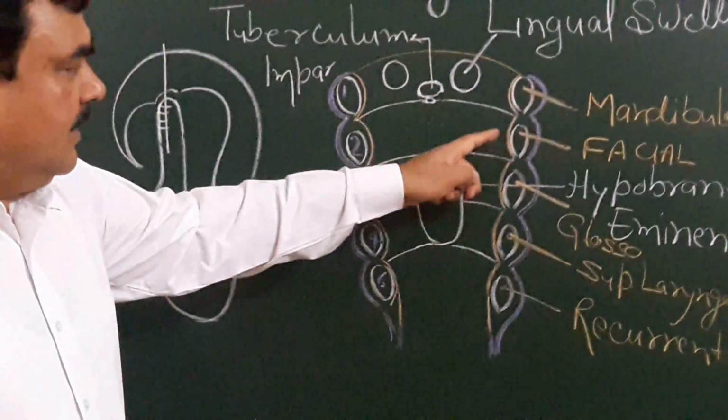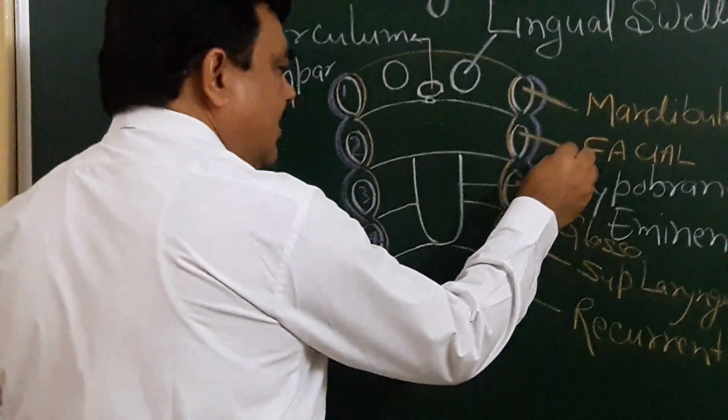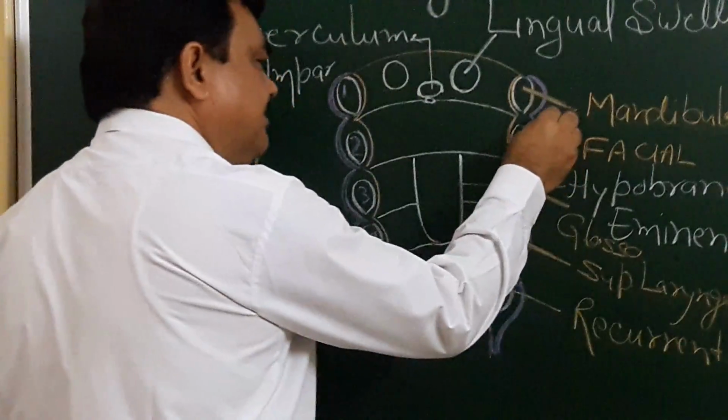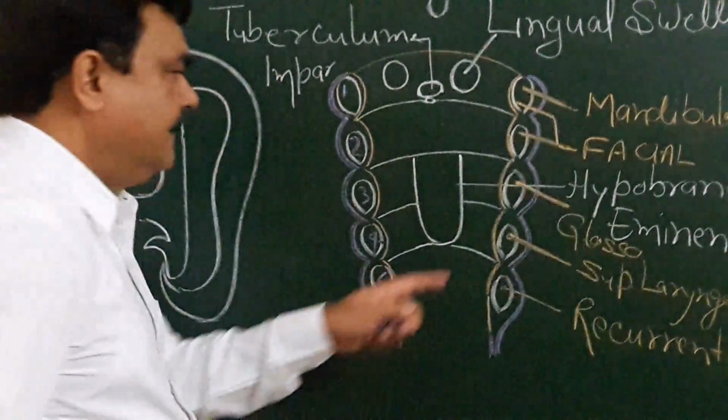Here, the facial nerve gives a branch known as the pretrematic branch, which supplies the first arch.